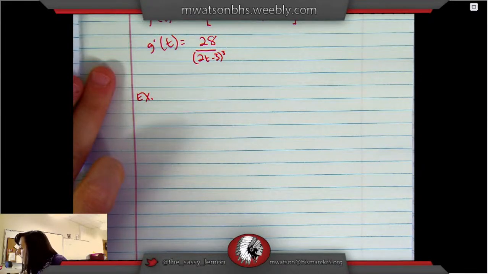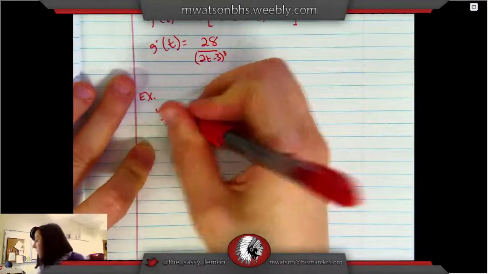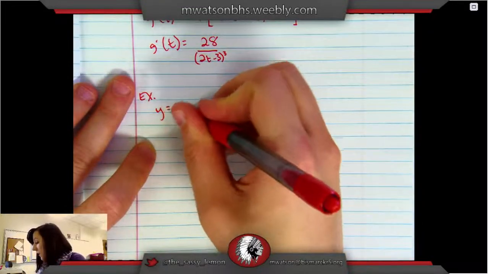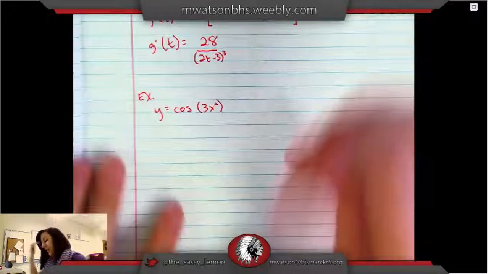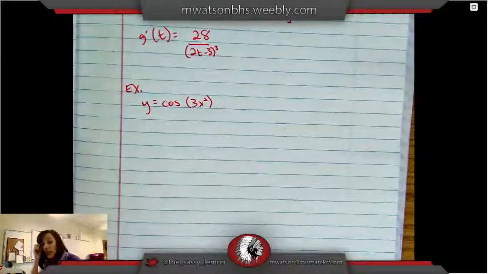They can get pretty difficult, so yeah, let's do y equals cosine of 3x squared. Let's throw a trig derivative in there.